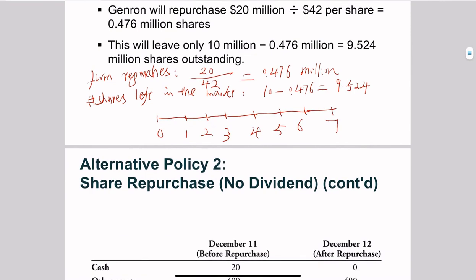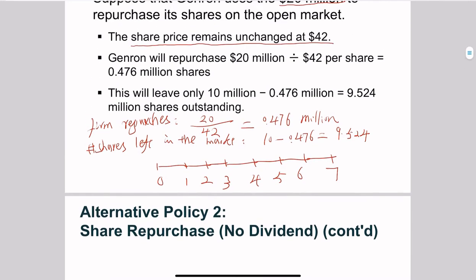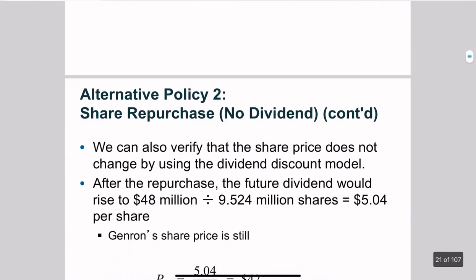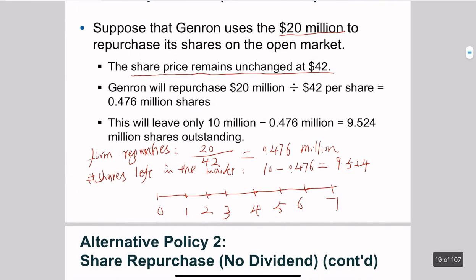So let's find out the number here, right? The firm has $48 million and the number of shares is given by 9.524.